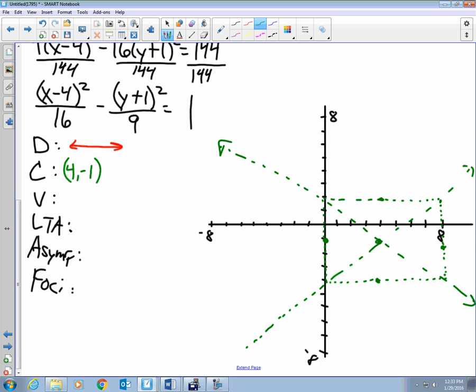All right. So I also sketched my asymptotes. So the vertices, will they sit on the sides or will they sit on the top and bottom? Sides, because it opens up horizontally. So I'm going to put them right on the sides. And what is then the location of those vertices? 0, -1, and 8, -1.